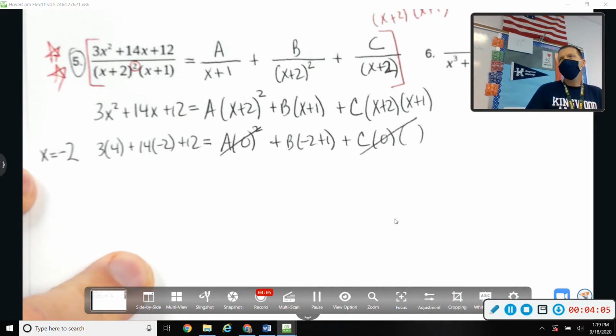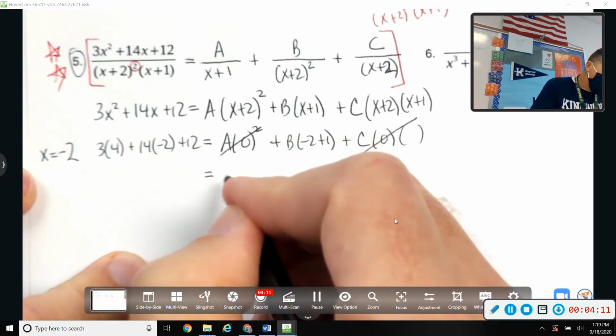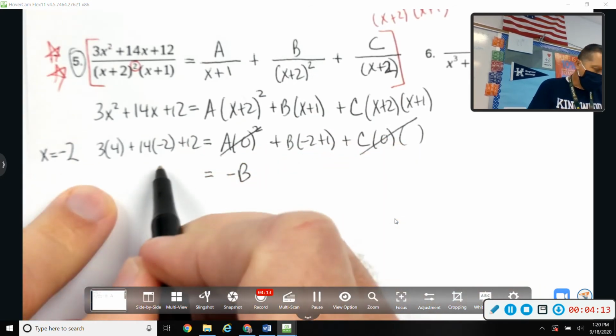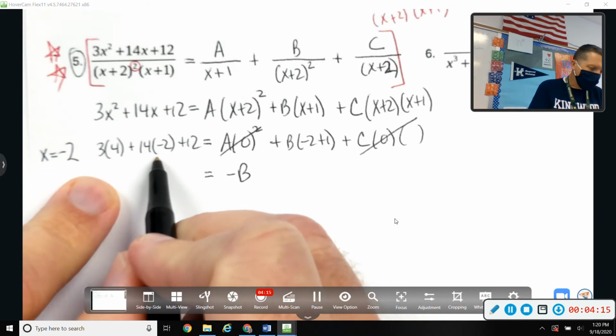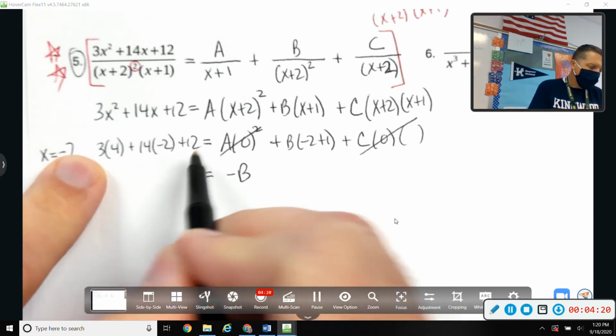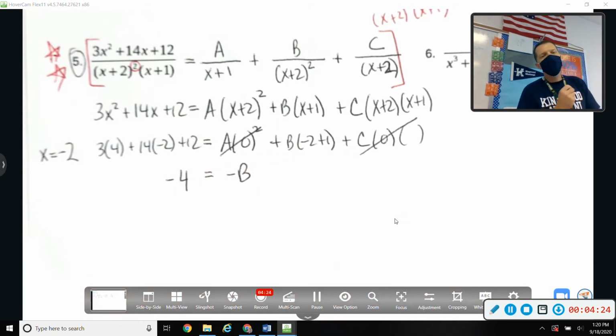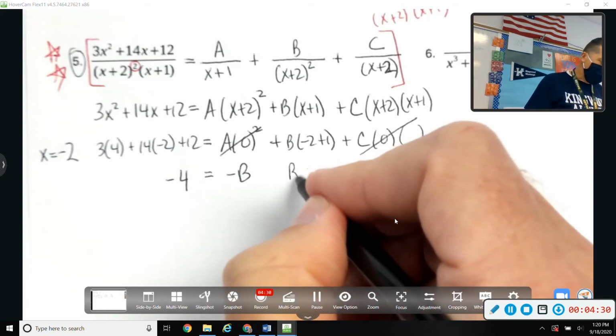Once one of the factors is 0, it doesn't matter what else is going on. That term's wiped out. So negative B equals whatever this is. Let's see, negative 28 plus 24. Life on the edge here, doing way too much in my head. So I think B is equal to 4.